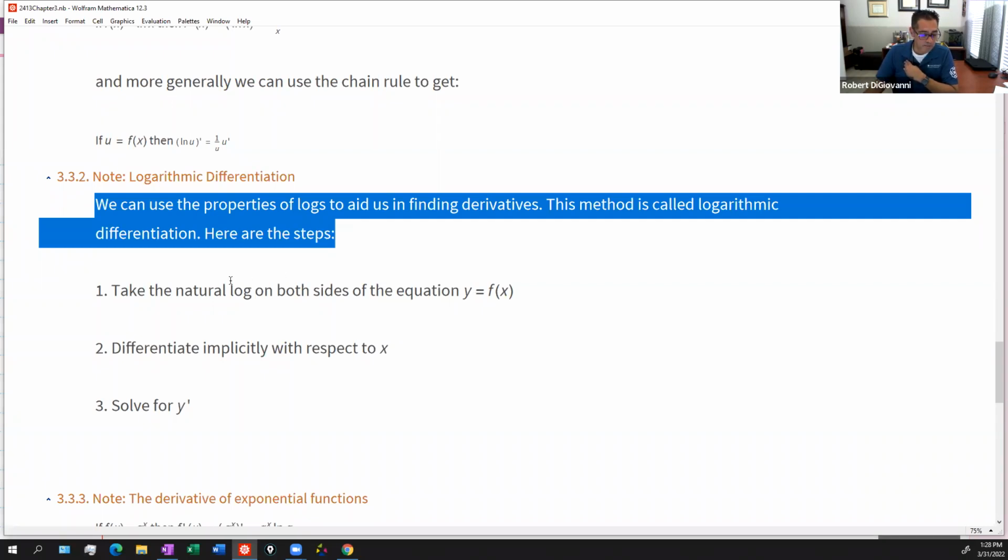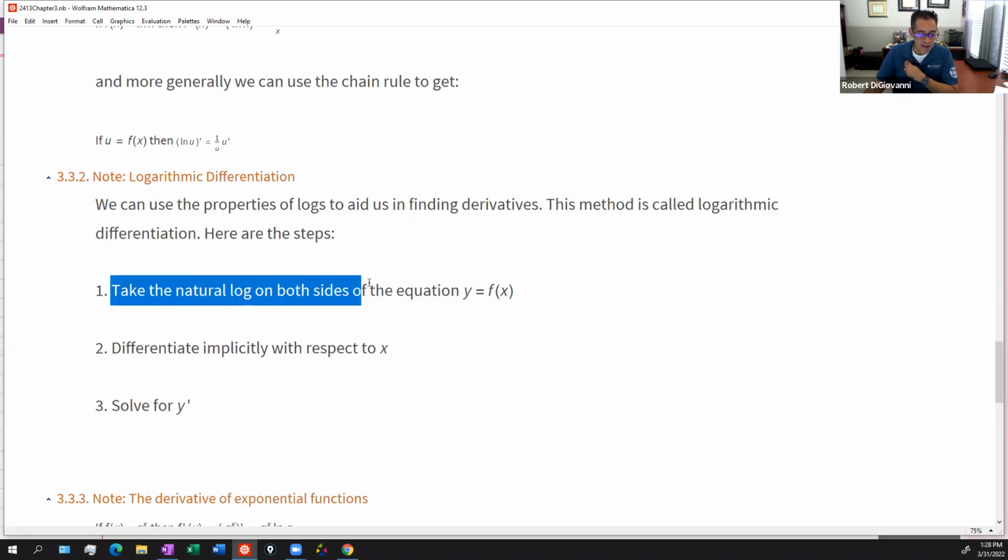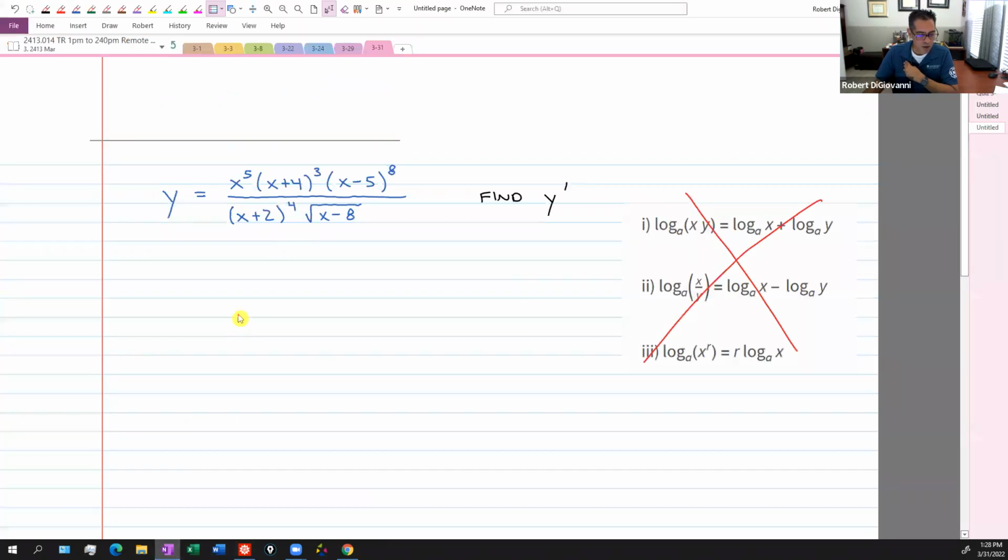The first step is you're going to take the natural log of both sides of the equation. So remember, I'm working with an equation here. y equals this. So I'm going to take the natural log on both sides. When it comes to the natural log and equations, you are always free to apply the natural log to both sides of an equation, and it maintains the equality.